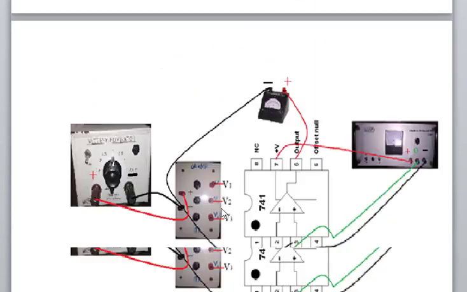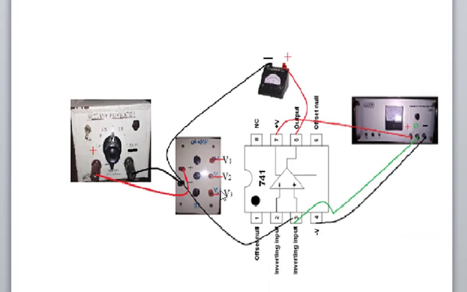Okay. Now how will you connect this? See, for the operational amplifier, we should always use a dual power supply. What is called a dual power supply? Plus, 0, and minus.